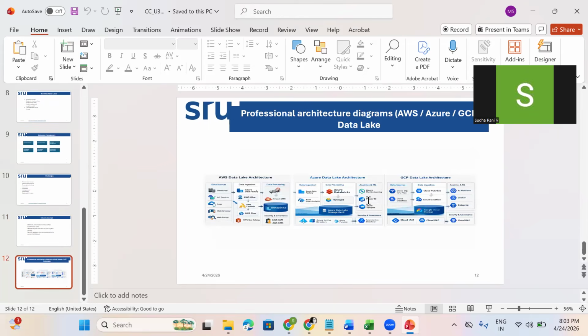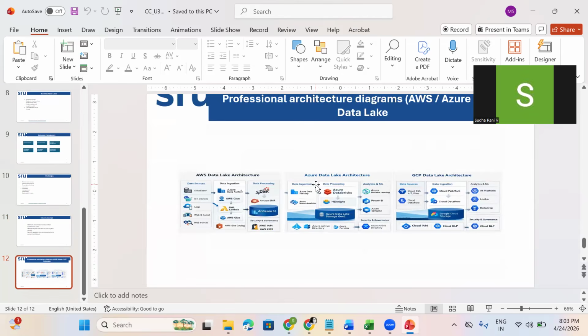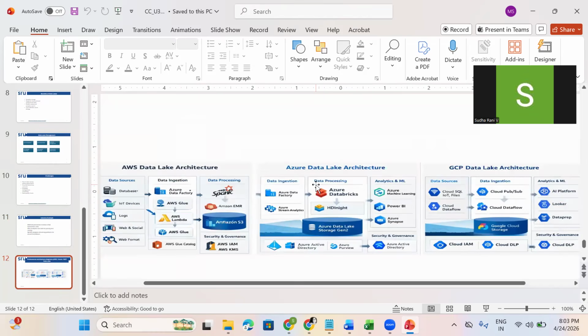You can see the professional architectural diagram of AWS, Azure, and GCP data lake. These are the different architectures: AWS data lake architecture, Azure data lake architecture, and GCP data lake architecture.